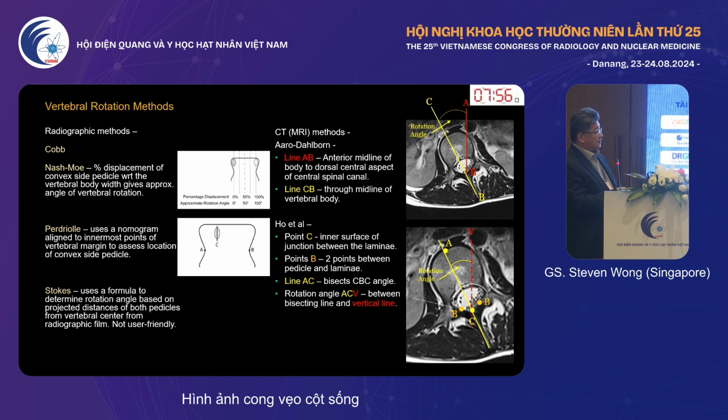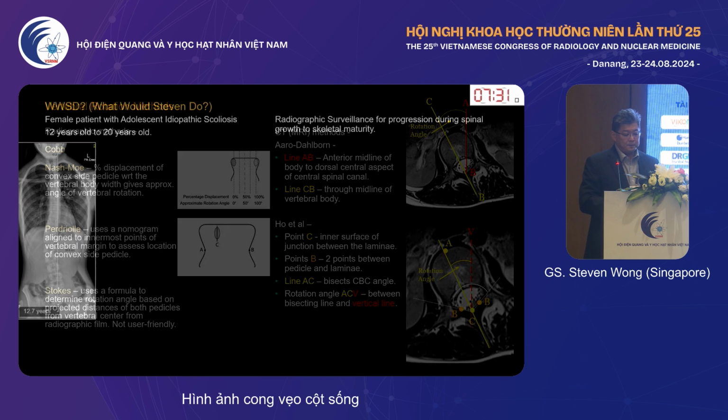I like the Aaro-Dahlborn method because it's the simplest. And it's just basically an angle between the midline and the central vertical line here, right? And you just measure the angle there, right? The Ho et al. method is a little bit more difficult and a little more tedious, but is more accurate because it takes into account the orientation of the lamina at the back.